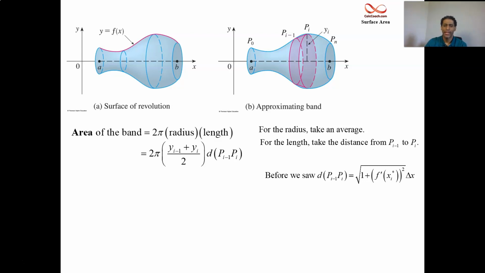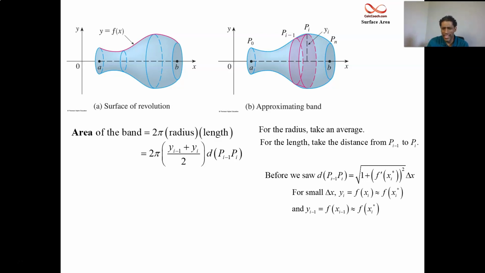Okay. Well, when delta x is very small, then what happens is the y_i, the right hand height, and the left hand height, they're pretty much the same. The f of x_i star, which is someplace in the middle where you find the height, they're basically the same.